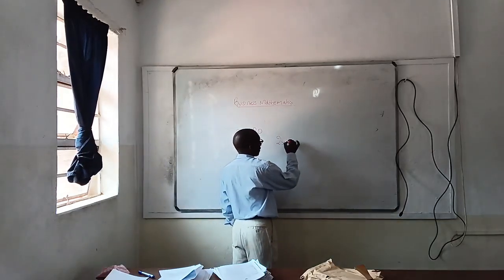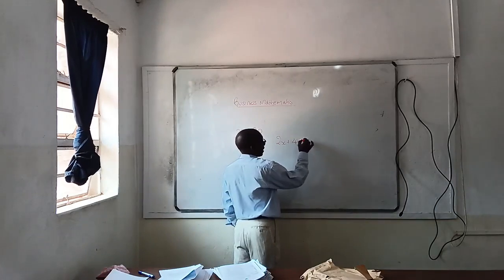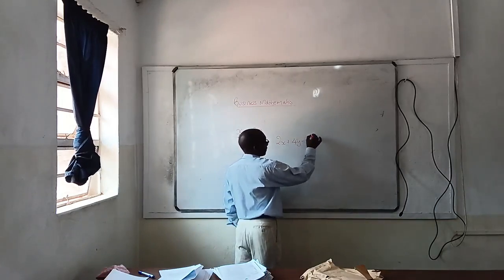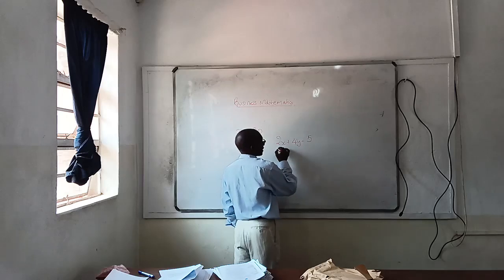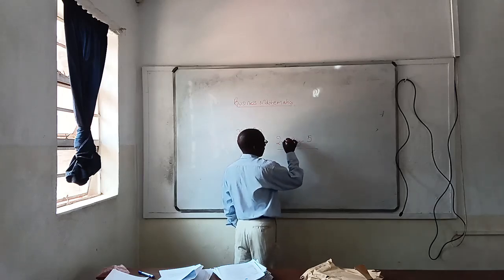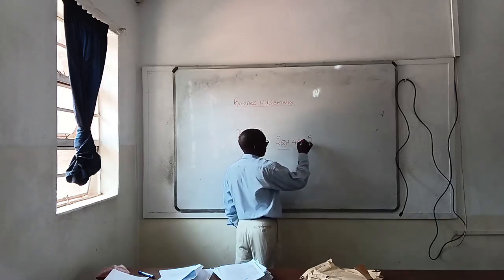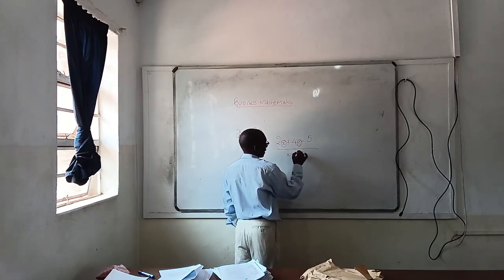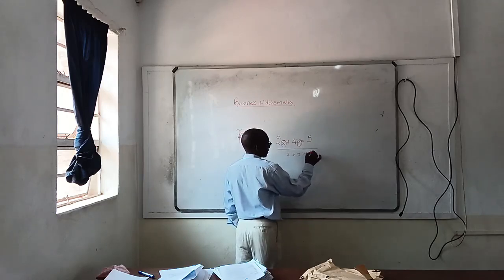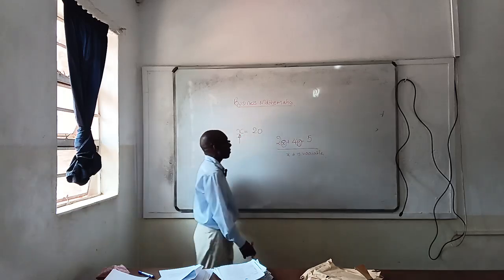2x plus 4y is equal to 5. This is an equation. It involves x and y variables. Those are equations.